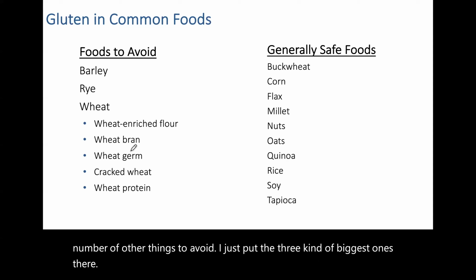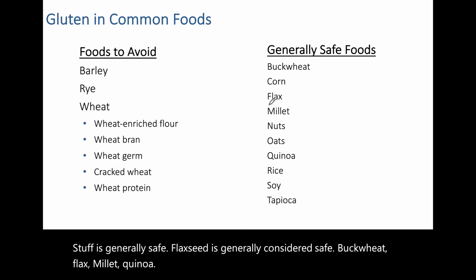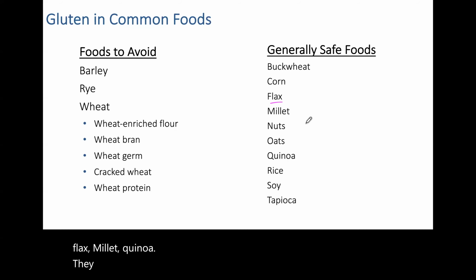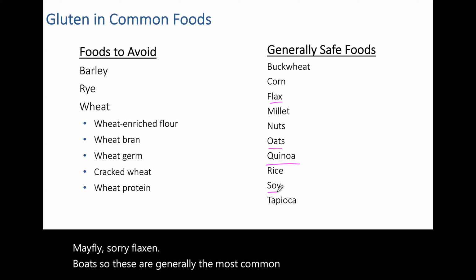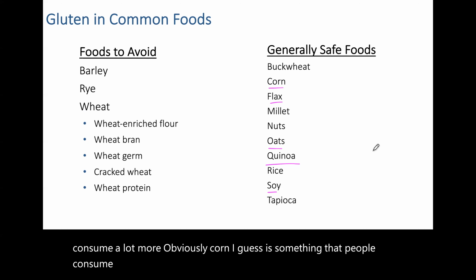Stuff that's generally safe: flaxseed is generally considered safe. Buckwheat, flax, millet, quinoa, oats, soy. These are generally the most common things that people consume a lot more. Obviously, corn is something that people consume a lot of as well.